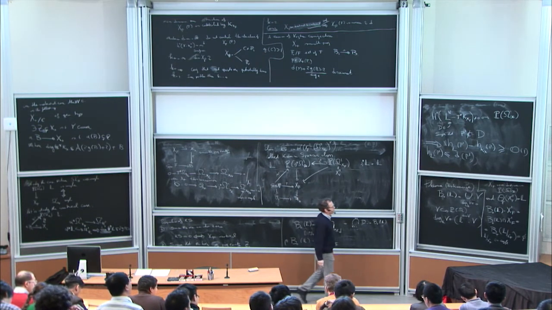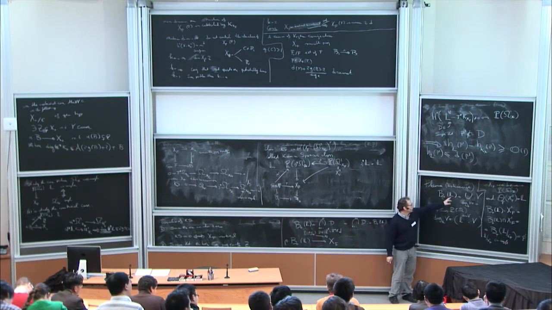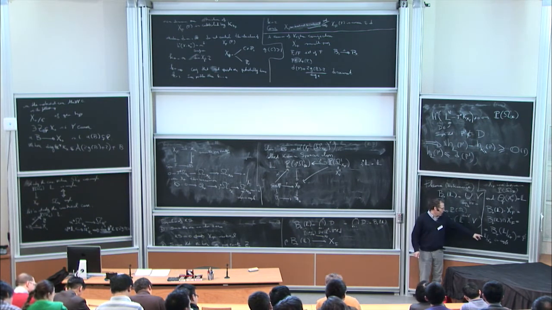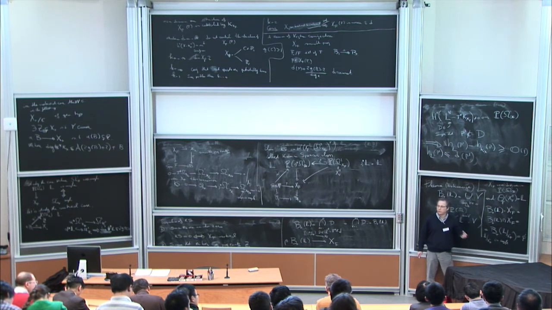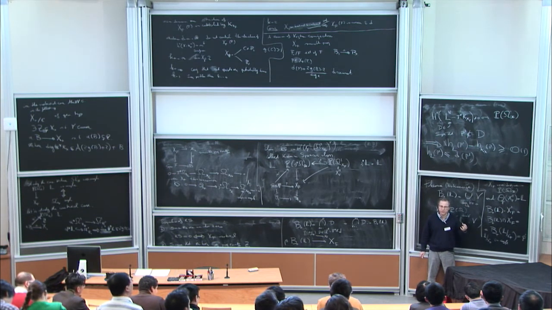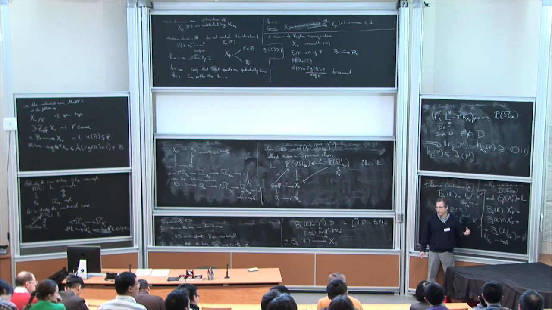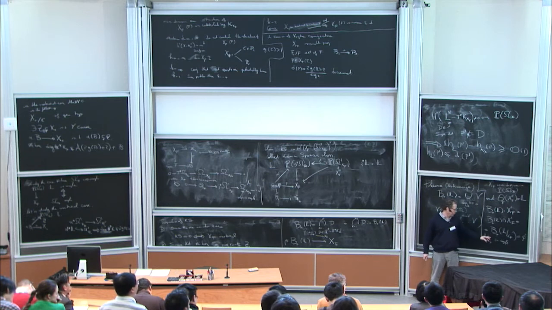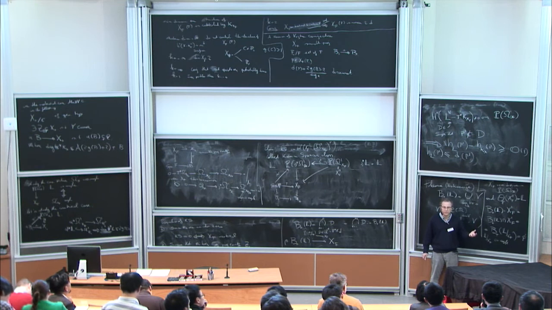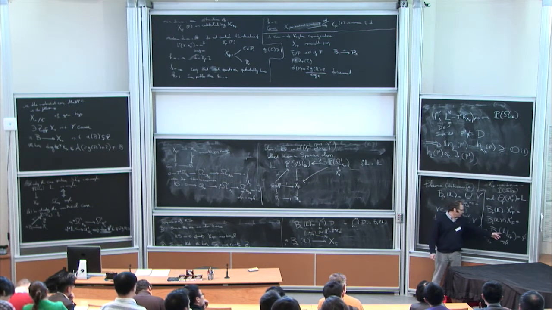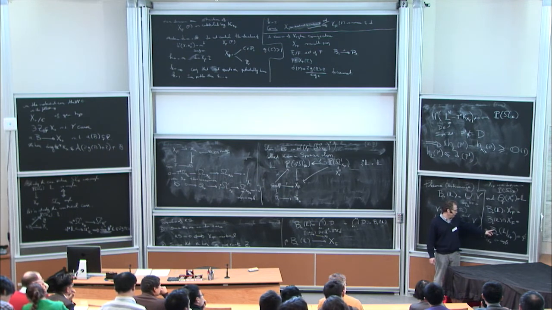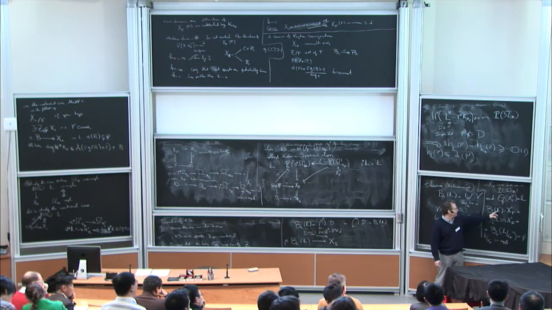I repeat, there are no subvarieties of x1f whose degree with respect to L can be 0. Because in x1f, L is ample, so every subvariety has positive degree. So this subvariety must be of degree 0, because B plus L is of degree 0.